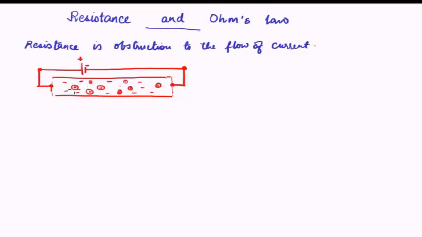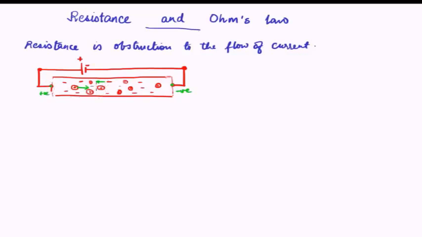The positive ions would like to move from higher potential to lower potential, but since they are not free to move, they will stay in their position. But the electrons that are free to move will move from the negative terminal to the positive terminal, okay.